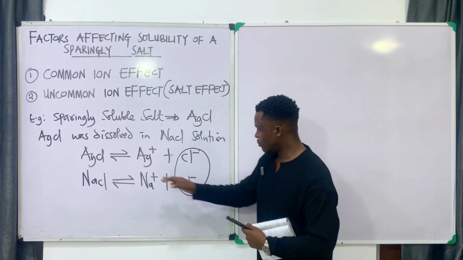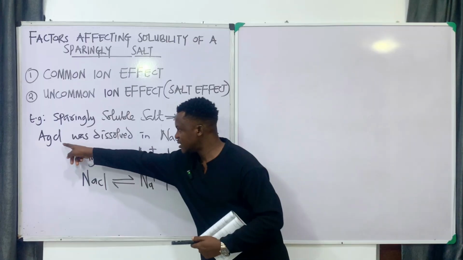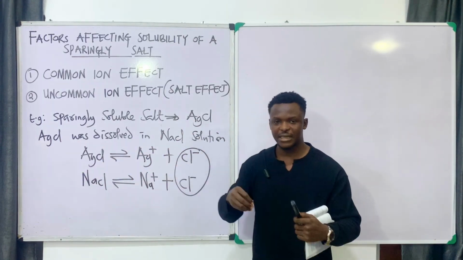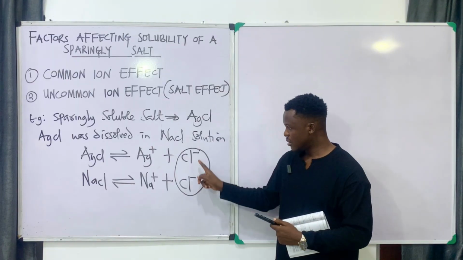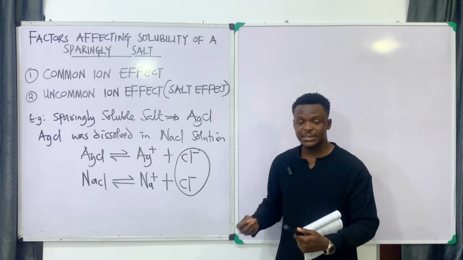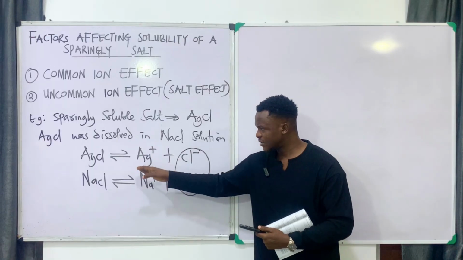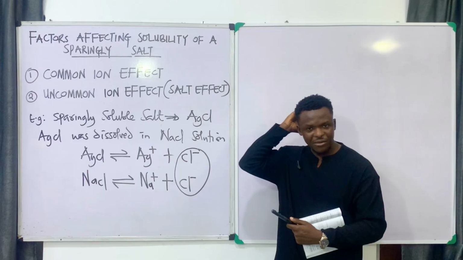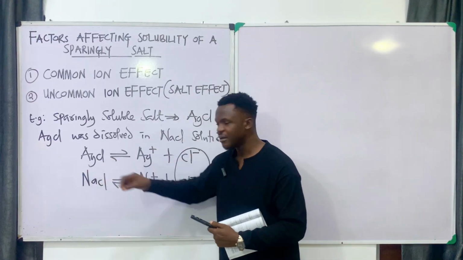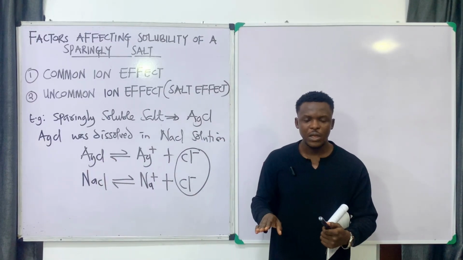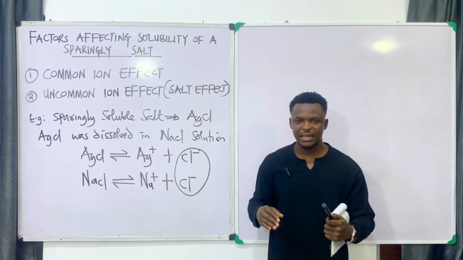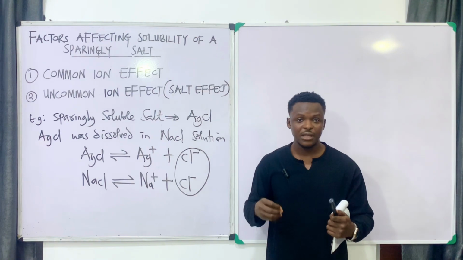So remember, AgCl was dissolved in NaCl solution. That means both of them are present in the solution, and in the solution, Cl minus is the same. Now, what is the effect of dissolving this in NaCl solution? Class, if I had dissolved AgCl in water, there would be no common ion effect. The solubility would have nothing to impede it.